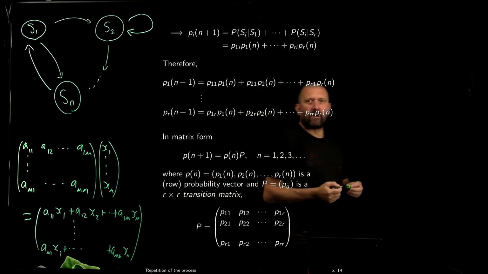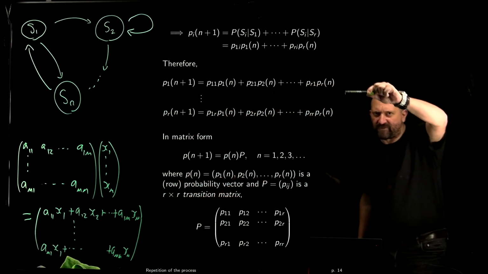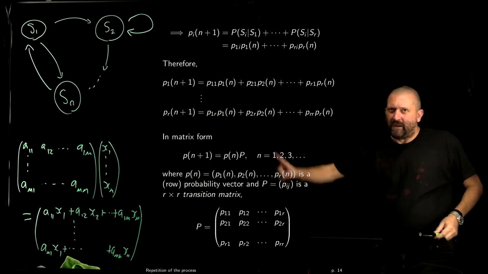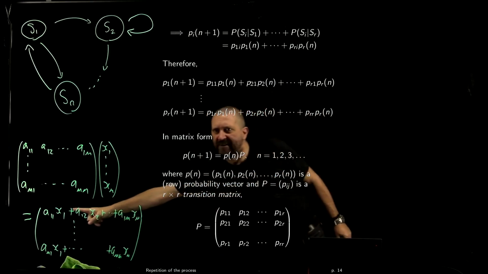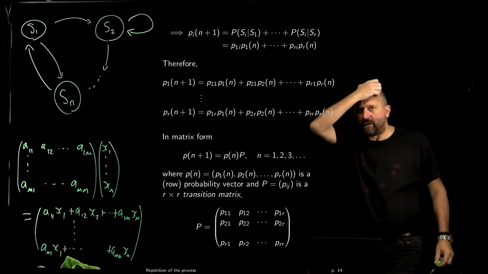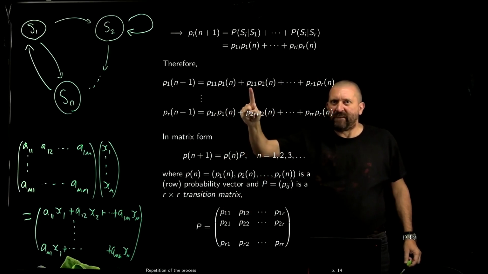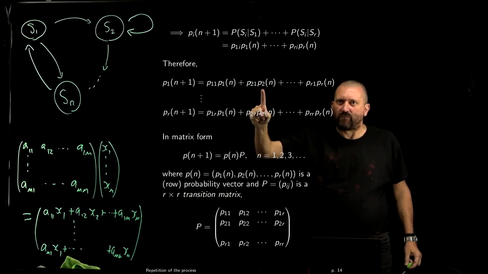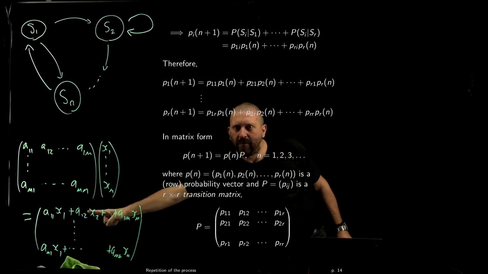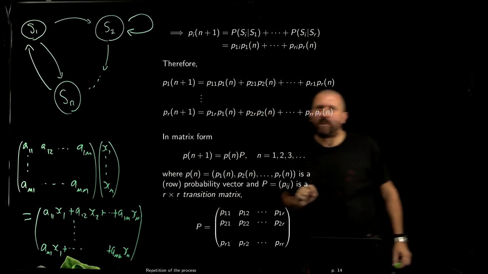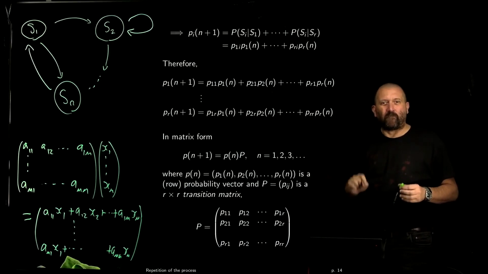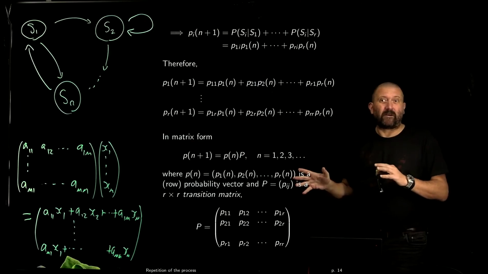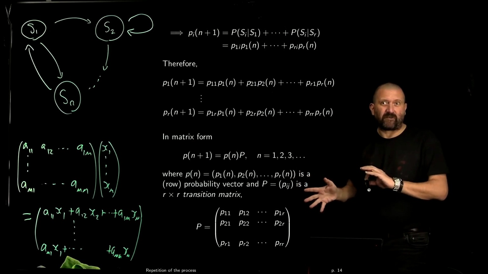Compare that with those equations here. Here I have 1, 1, P1, so this would match what we have here. But here I have P21 times P2, and here I have 1, 2. So I can think of 1, 2, 2, 1 there as the transposition of P.